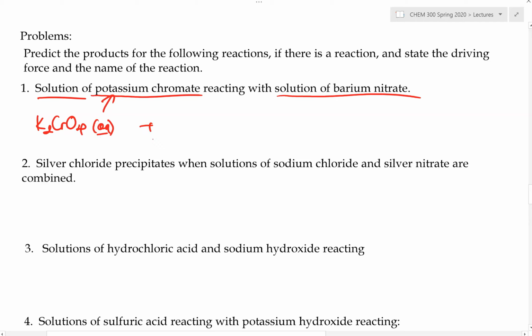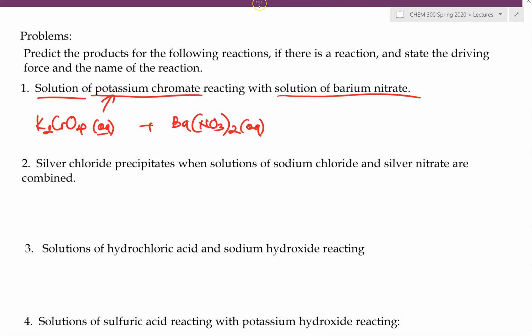Now barium nitrate, the chemical formula of barium nitrate is Ba(NO3)2. So it's important that you still remember nomenclature and are able to write the formulas of these reactants.